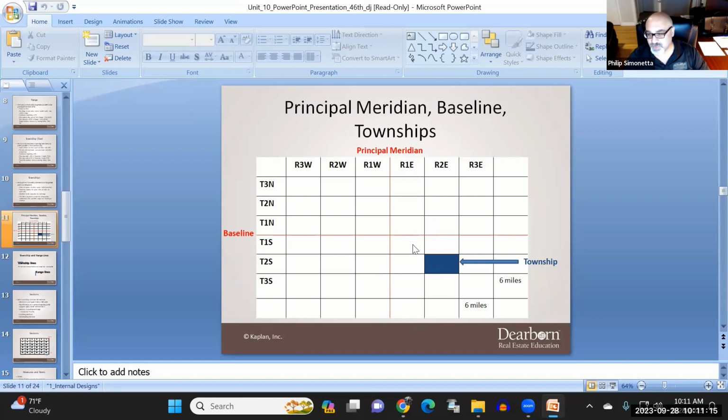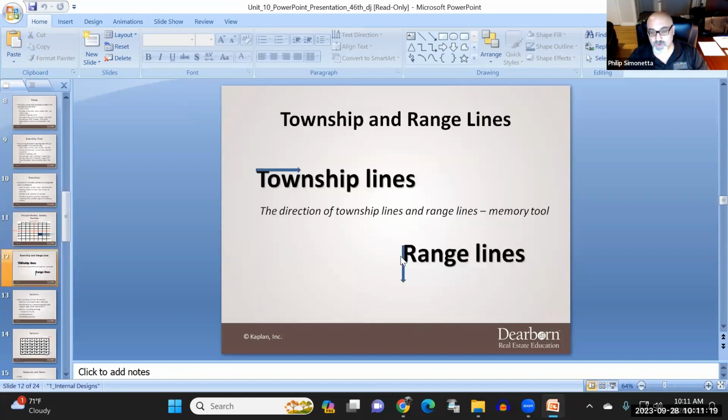That's kind of how the question would look if you see something like that. Okay, so remember the direction of township lines and range lines, east and west, right? So remember, township starts with a T. The top of the T goes east and west, right?